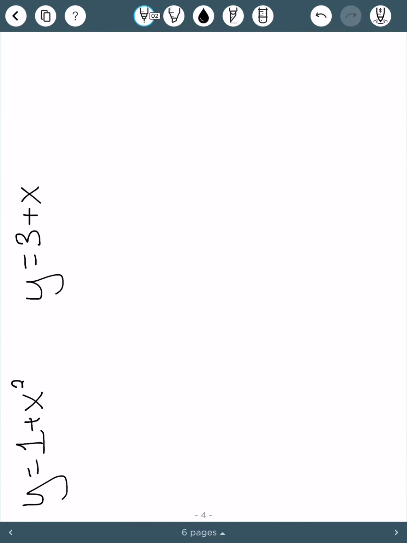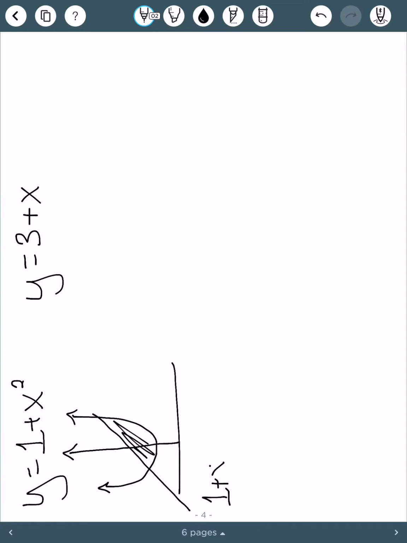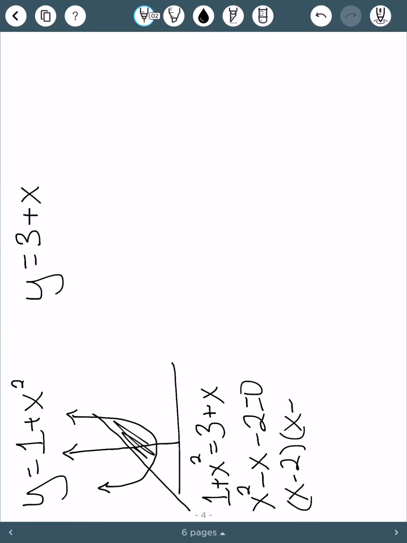Next, 1 plus x squared and 3 plus x. If I look at the graph of this, here's 3 plus x, and then 1 plus x squared. To find my intersection points, I can set them equal. Getting everything on one side to factor gives me x squared minus x minus 2, which is x minus 2 times x plus 1.